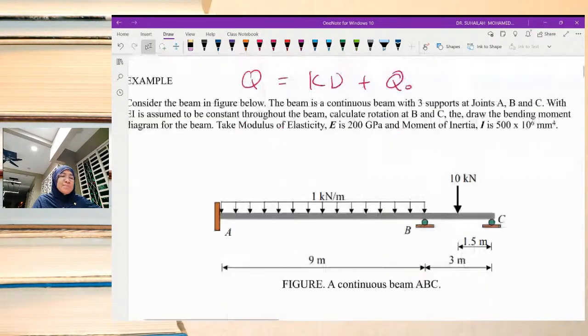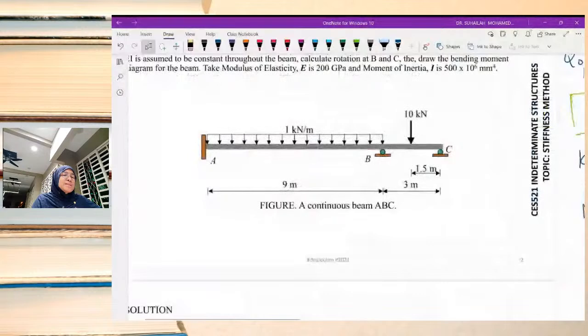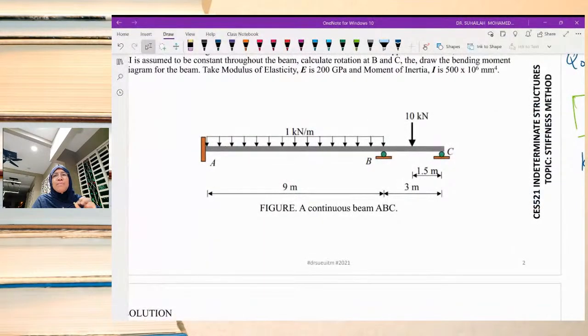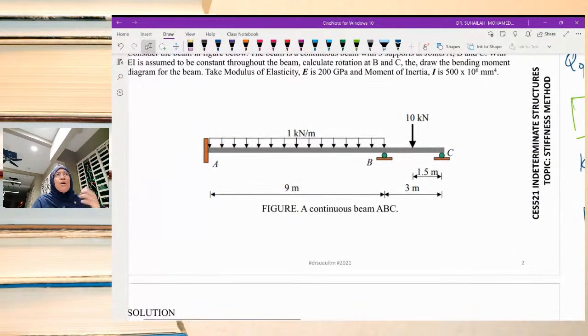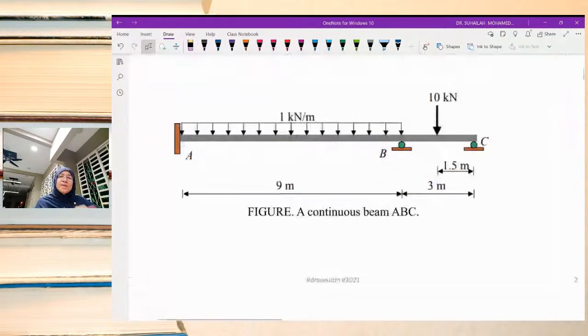Because for a beam there is no Cx and no Cy mentioned in the formula, it means that we don't have to label coordinates for the beam. So the stiffness K for a beam depends on the length of the beam and also EI.